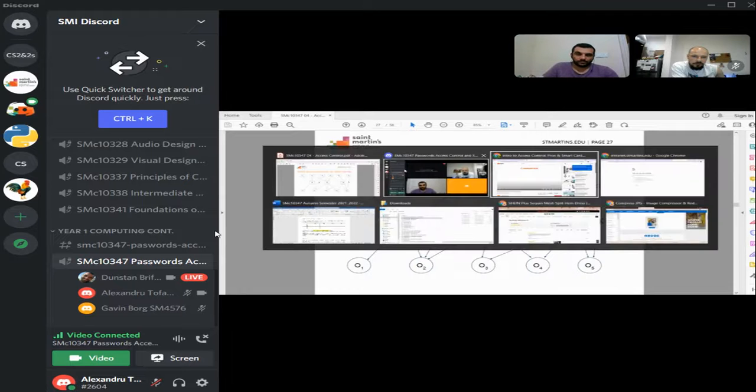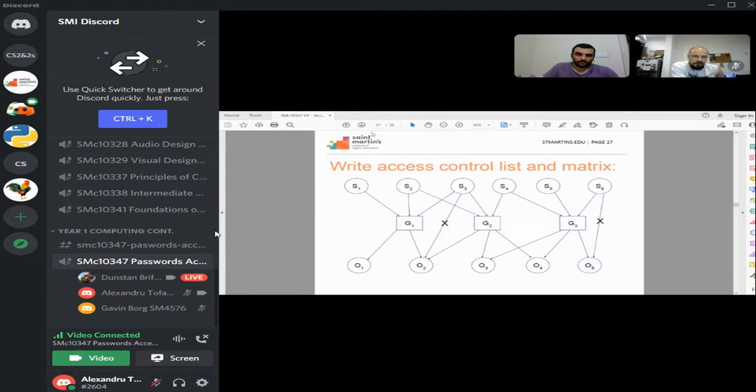Object trace 1, 2, 3, 4. Subject trace 2, 3, 5. Object 5. 2, 4, 5. 6. 3, 4.